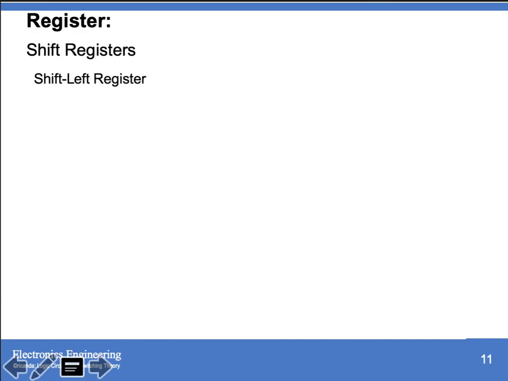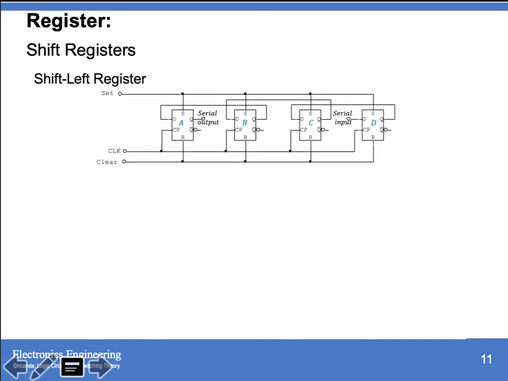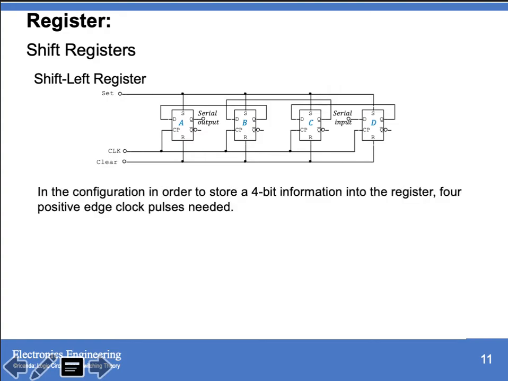Then we have the shift left register. This time, our input is now at your right and your output is connected to your D latch designated A. So since it is a 4-bit register, if we want to store 4-bit information into this register, we need 4 positive clock pulses.